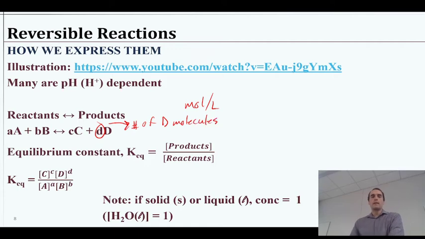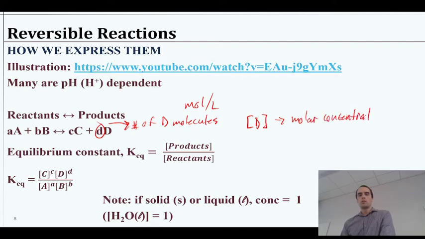So the lowercase is the number, and inside the brackets, the uppercase means the concentration of that thing. And so then D would be molar concentration of D.